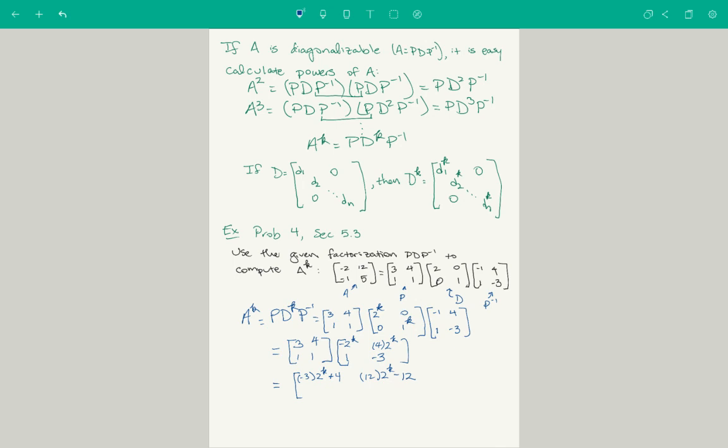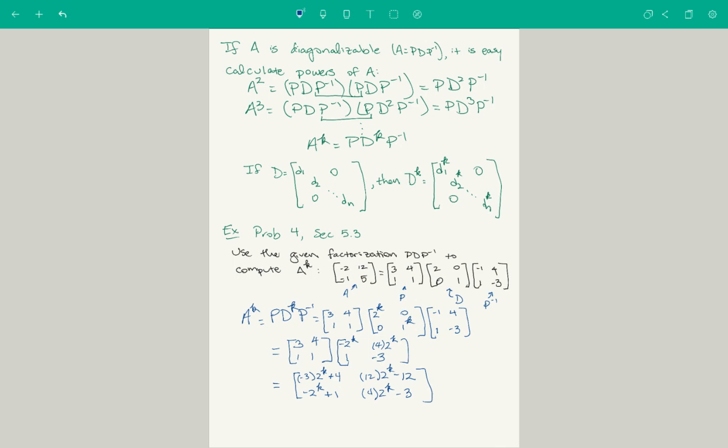In our lower left, we've got minus 2 to the k times 1 plus 1 times 1. And in our lower right, we have 4 times 2 to the k minus 3 times 1. Okay, so here's our matrix.